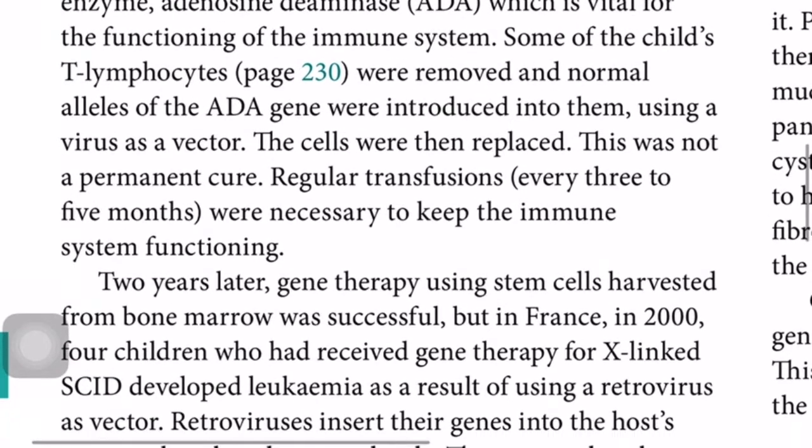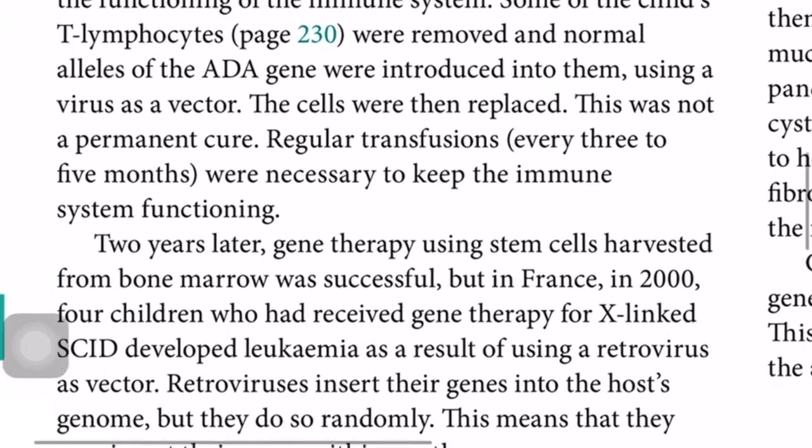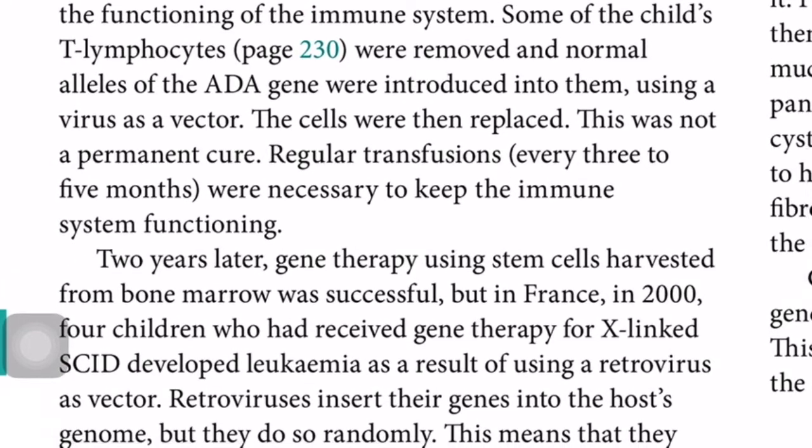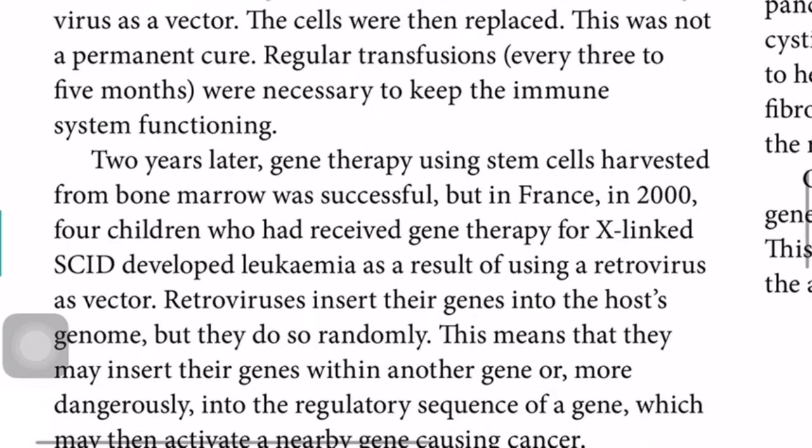But if some T lymphocytes were collected from the body of the baby and the gene inserted, those lymphocytes will produce the enzyme, and thus the immune system can work quite effectively, whereas it would be zero if they were not produced. Okay. The cells were then replaced.